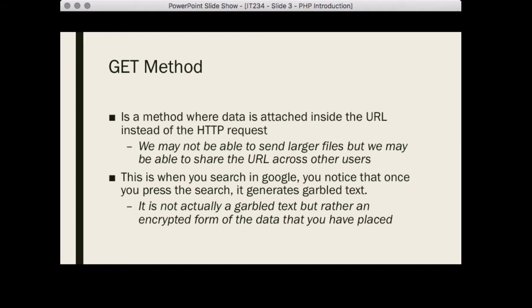Once you search in Google, there will be keywords that you cannot read, but they are there. It is because they're using get. It is not actually garbled text, but in Google's case, it is encrypted. That's why you cannot read it. But an unencrypted get will allow you to actually know what values you pass.